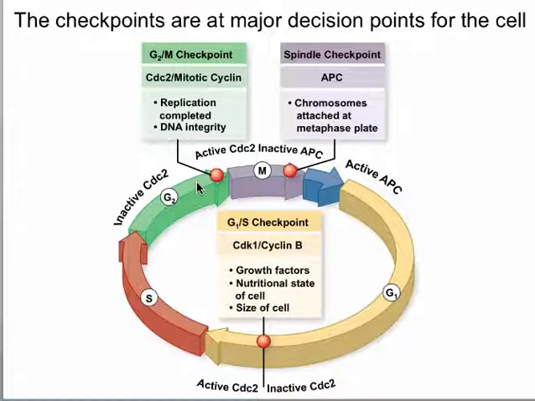Then the G2/M checkpoint, in which the cell will check that DNA was replicated properly and that the cell has enough organelles and enough of everything to split into two cells. And the third checkpoint is the metaphase, where the cell checks that the spindles are attached to every chromosome, and every chromosome is oriented in the metaphase plate so that the daughter cell will receive a copy of each chromosome.